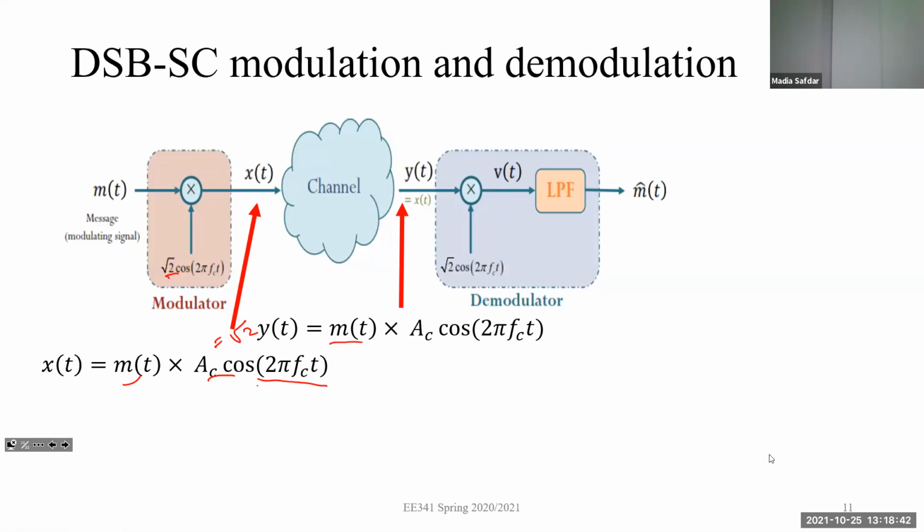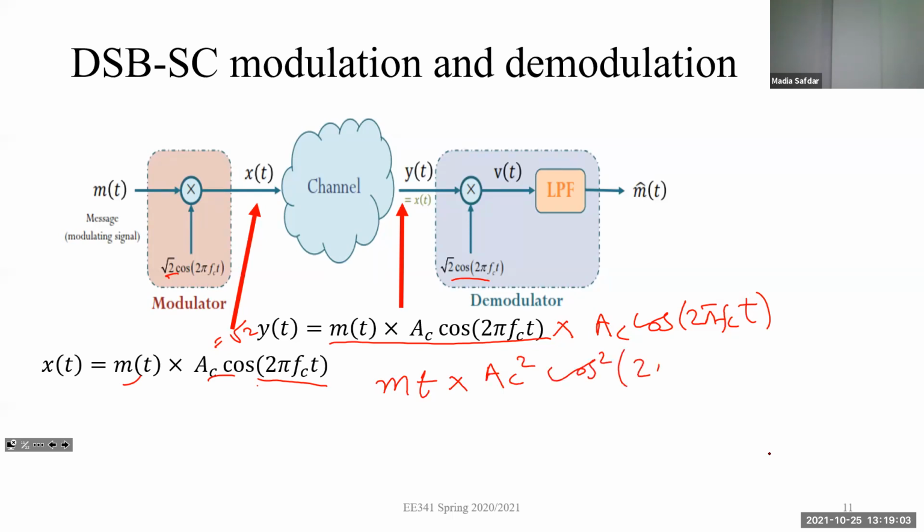Now this y of t will be multiplied with AC cosine of 2 pi fct. What will it be now? m of t multiplied by AC square into cosine square of 2 pi fct.